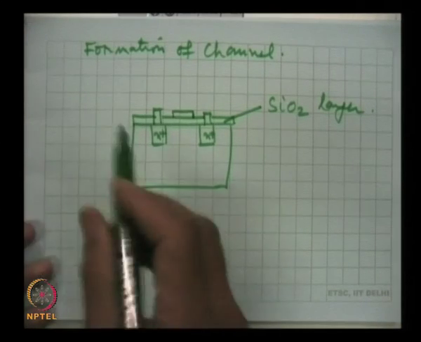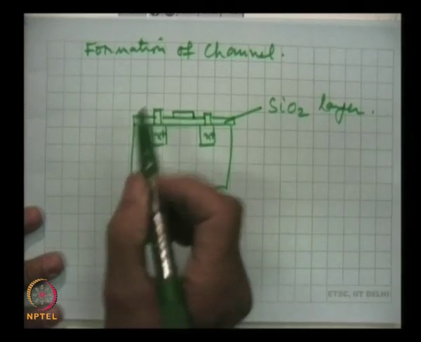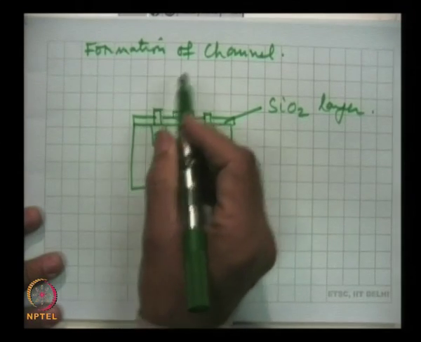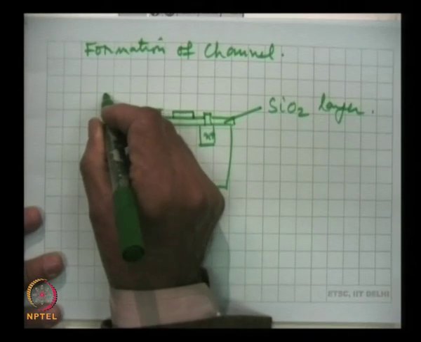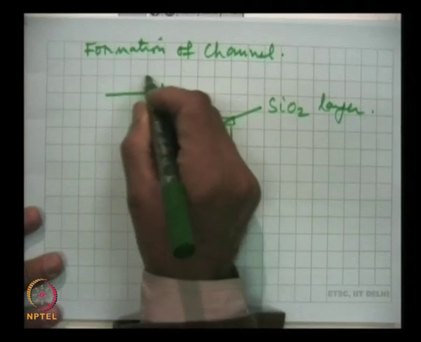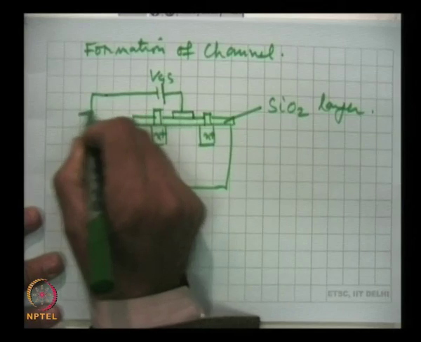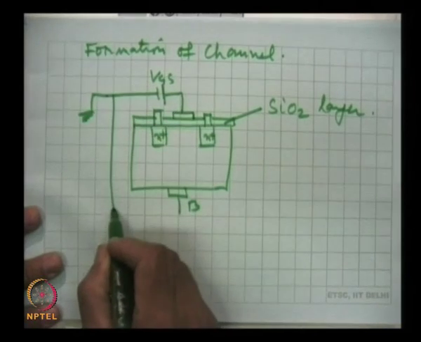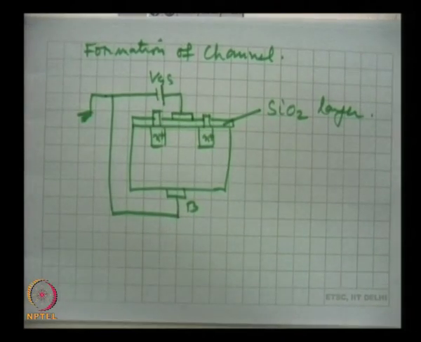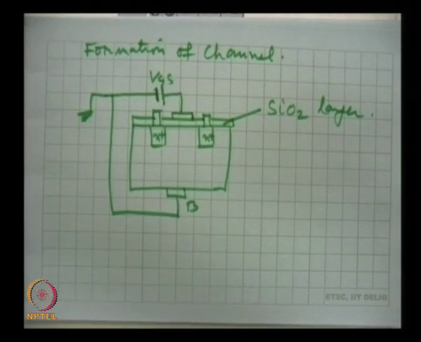Now, this is B, the substrate, and we apply a positive voltage VGS to gate. This end is grounded and the body, the substrate is connected. So, this establishes a positive voltage. Now, with the positive voltage, what will happen?